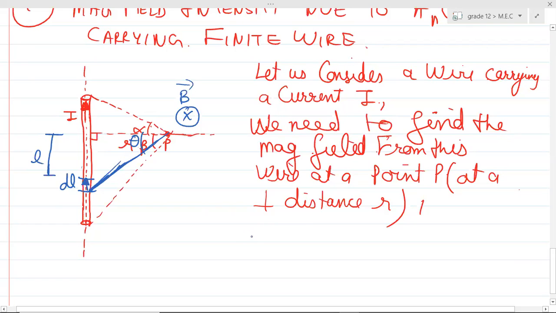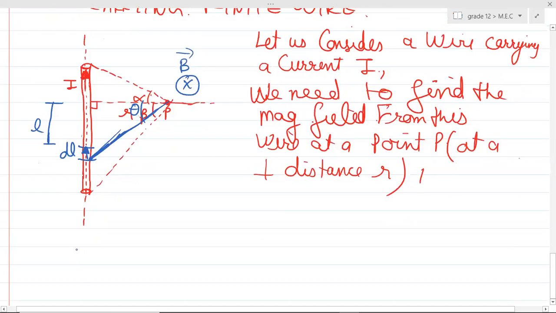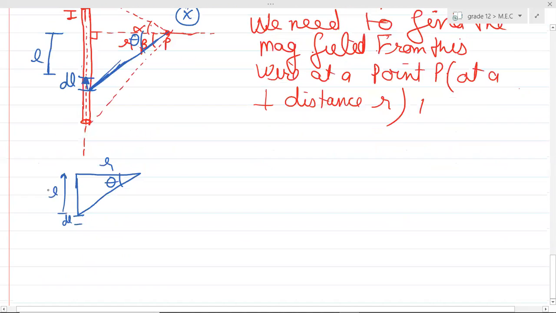Let's talk about the magnitude. What will be the magnitude? First of all, can you see this small triangle being formed? The blue triangle, there was this dl length, but dl is very small as compared to l, right? So we don't require that. Theta and l. Can you have a relation between l, r and theta?